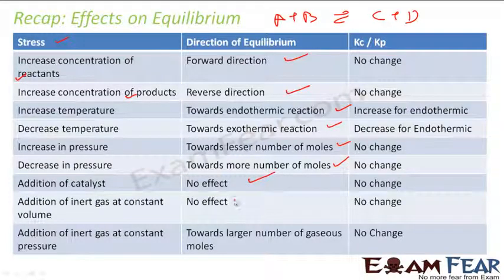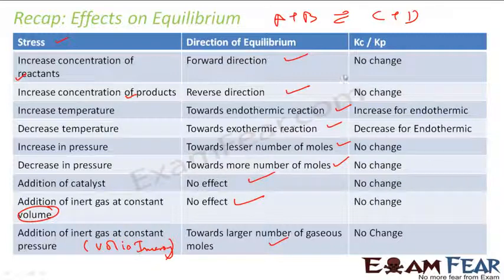You add inert gas at constant volume, no effect. Constant pressure, there is an effect. It moves towards the larger number of molecules, since the volume is increasing, right?